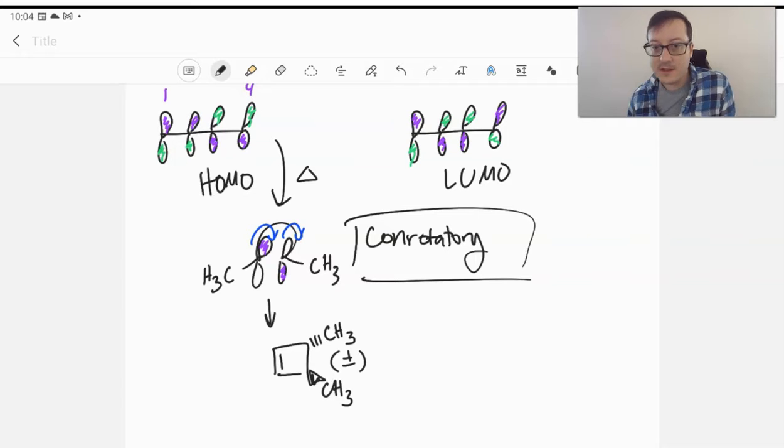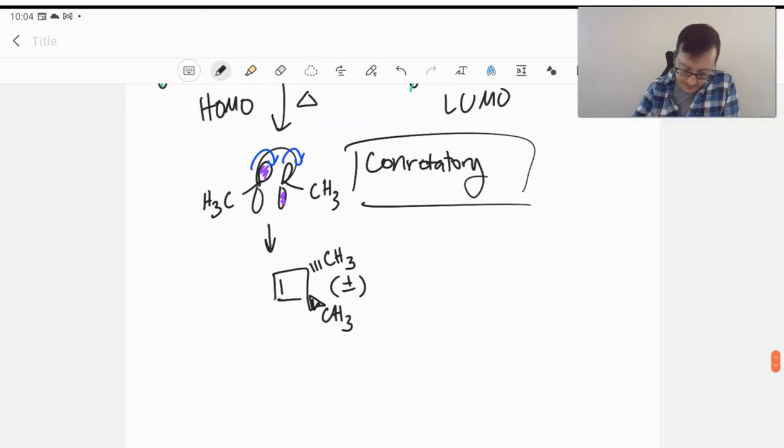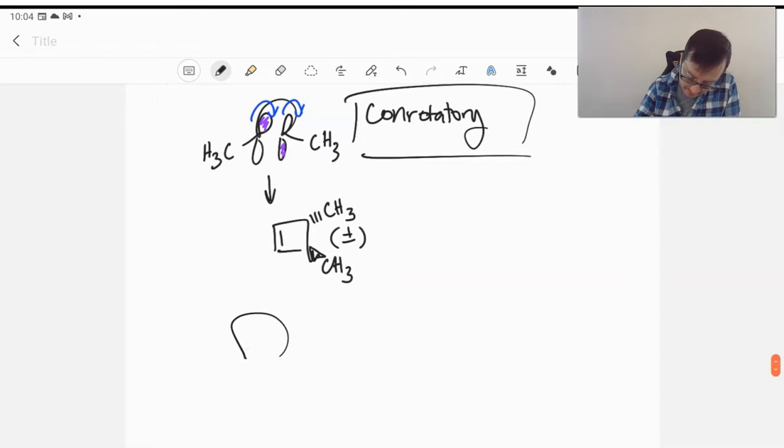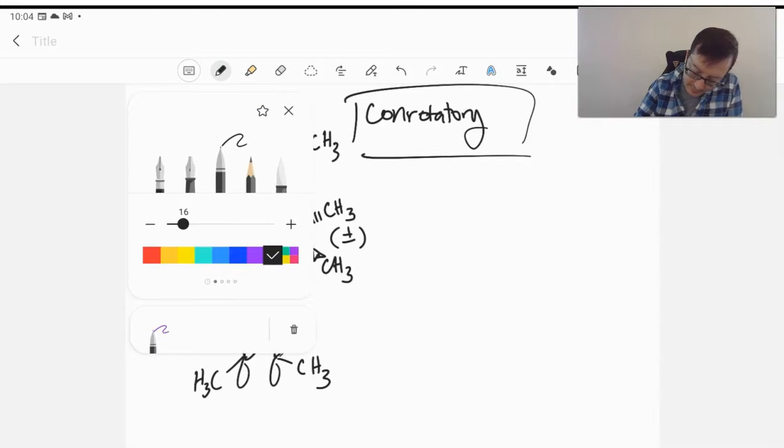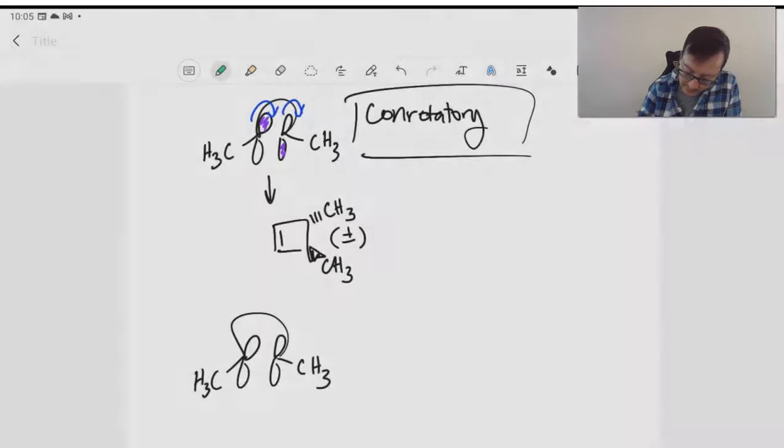And surprise, surprise, if we take a look at the LUMO with a photochemical process instead, let's draw our methyl groups. And of course, these methyl groups are just placeholders, right? It could be anything.